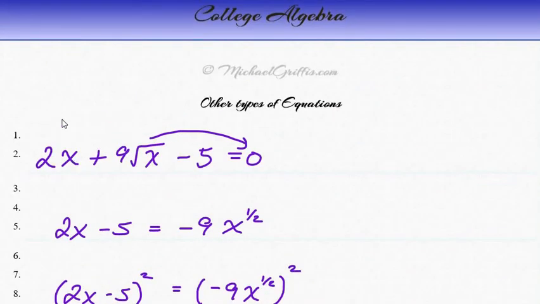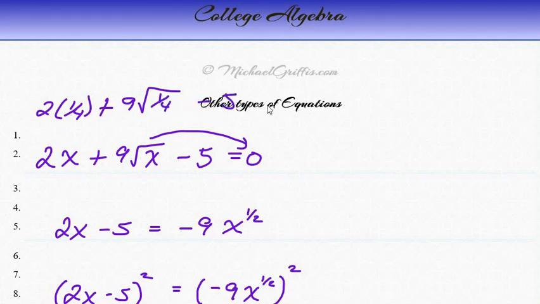Plug in 1/4 into this. So 2 times a 4th plus 9 times the square root of 1/4 minus 5. So this is going to be 2 times a 4th is a half, right? This is going to be the square root of 1, which is 1. The square root of 4 is 2, so this is a half.